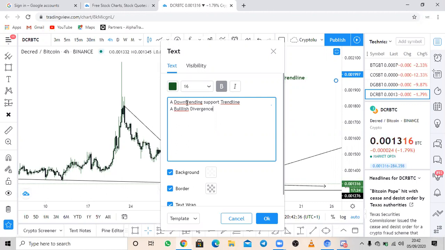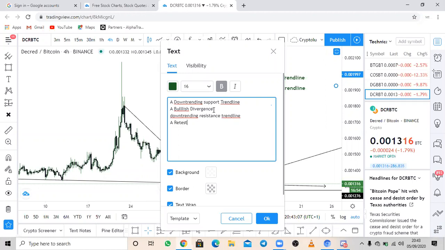Okay, so we have a bullish divergence. We have a downtrending resistance trend line here, and then a resistance trend line here with a retest.